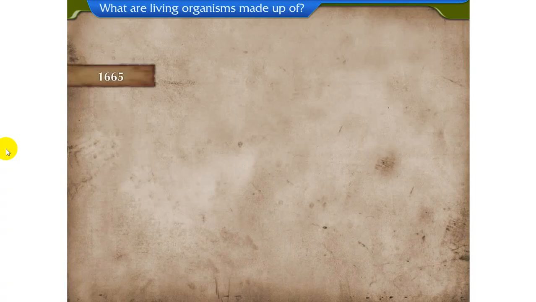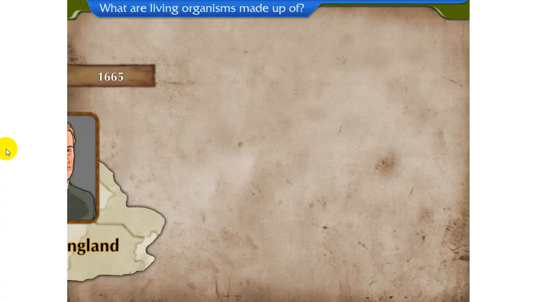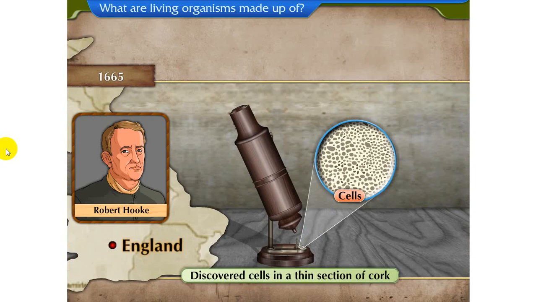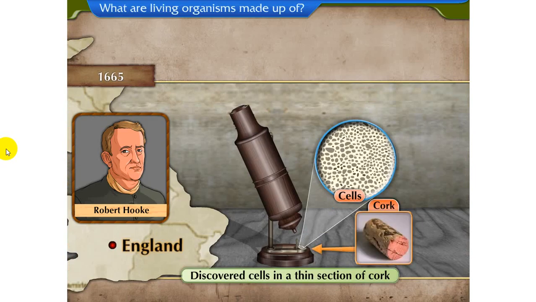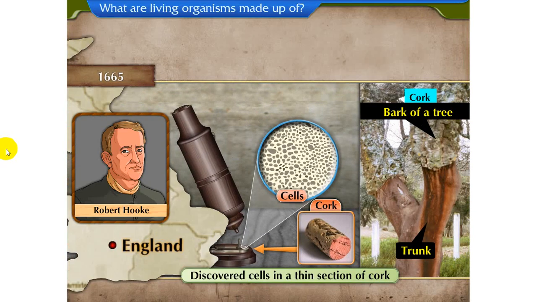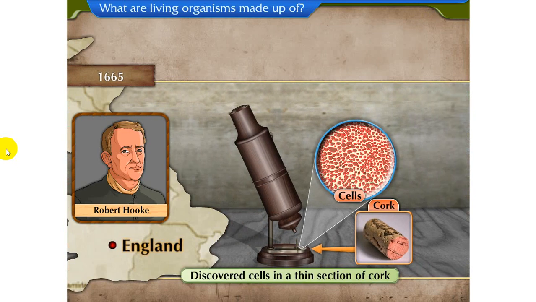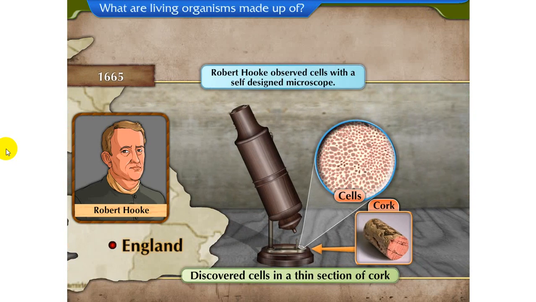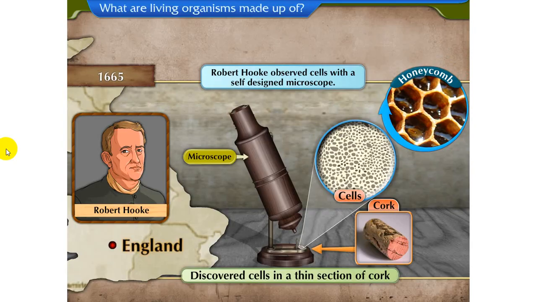In the year 1665, Robert Hooke discovered the cells in a thin section of cork, that is, bark of a tree, which is an outer protective layer of the trunk. He observed these cells with a self-designed microscope. The structures resembled the compartments of a honeycomb.